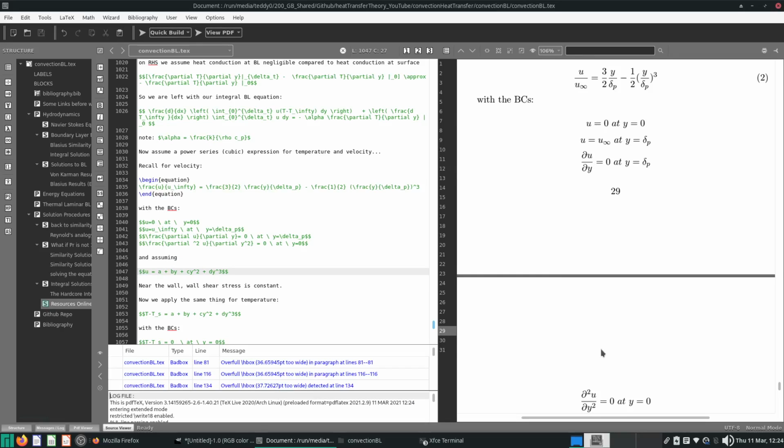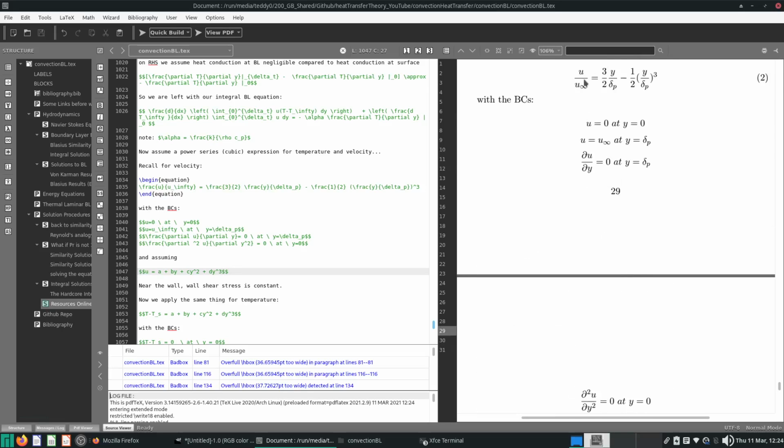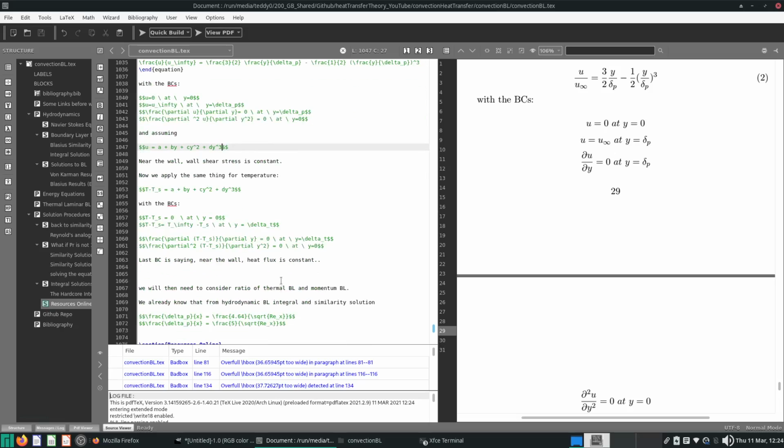So we assume these boundary conditions and this velocity profile. We put both of them together. I mean, if you watch the fluid mechanics video I posted up, you put both of them together, you will get this velocity profile.